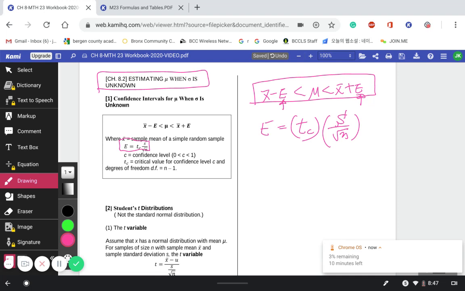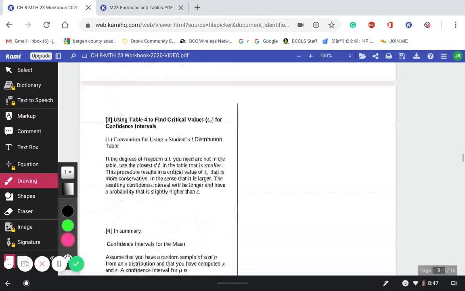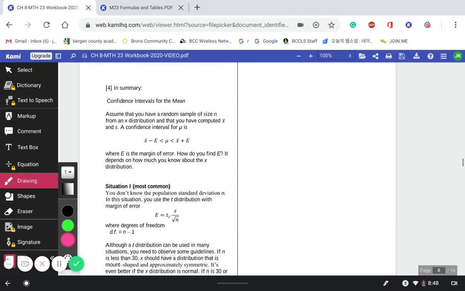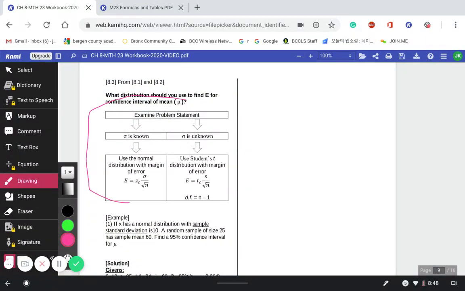So these are the two cases: when sigma is known, you use this formula, and when sigma is unknown, which means you have to find the s value, you use this one. Okay, so that's what we are going to do.